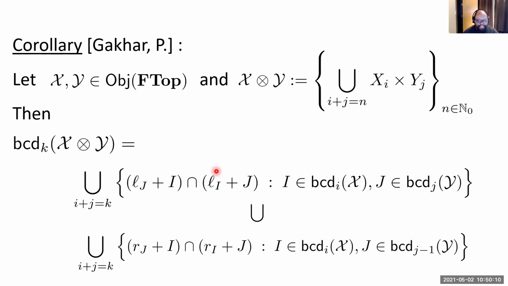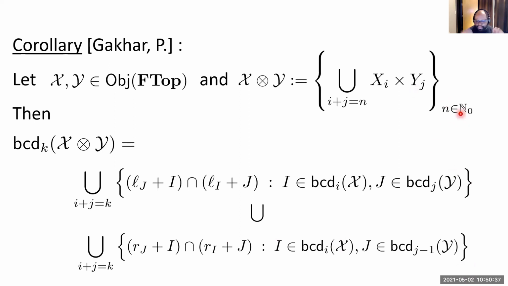Take the left point of I, use that to shift the interval J, take the intersection, and that gives you one interval. The first union is the tensor product version of the Künneth formula. And the second, where you're using the right endpoints to shift, is the Tor term in the short exact sequence.